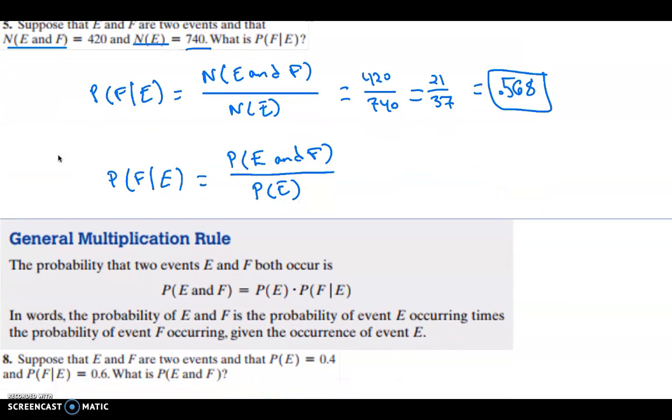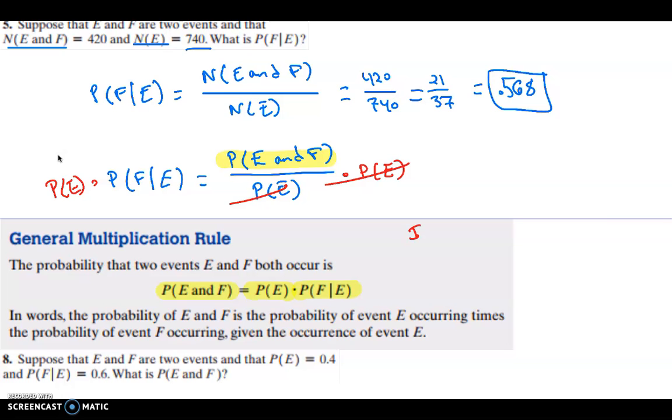If I were to multiply both sides by the probability of E, notice that I've solved for the probability of E and F. So the probability of E and F is just the probability of E times the probability of F given that E has occurred. And hopefully this looks like our multiplication rule that we were doing in the last one.